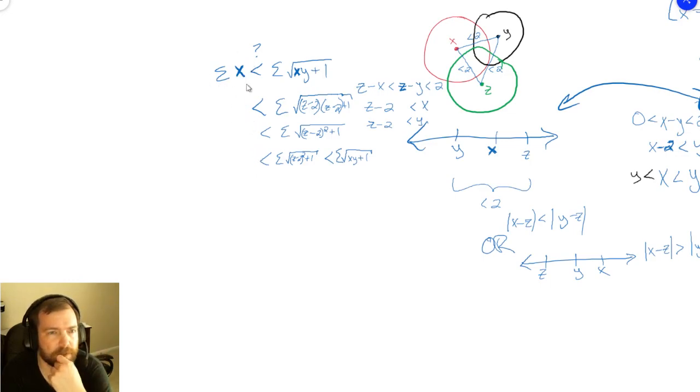Right now I want something that's bigger than the sum of all y's, but definitely still less than this thing. I just want it to be the square root of z minus 2 squared, but that's not going to be true, because although it will be much less than this, it won't be greater than the sum of all x's. It's going to be less than the sum of all x's. So that's what's trapping me here. And we still got one more case to get through anyway.